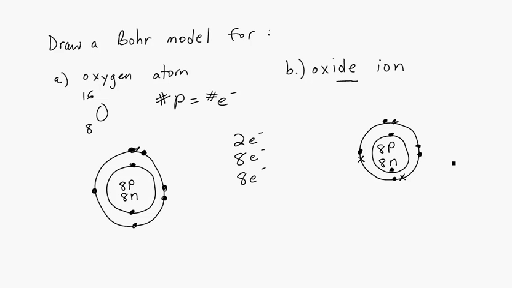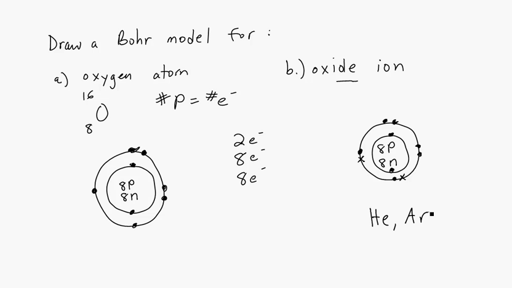One other thing to point out is that when you draw a Bohr model for an ion, whether it's a non-metal ion or a metal ion, because it has a full outer shell now, it's going to have the same electron configuration as a noble gas. You might remember the noble gases like helium, argon, etc., the last group on the periodic table.